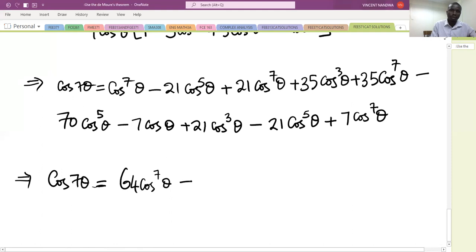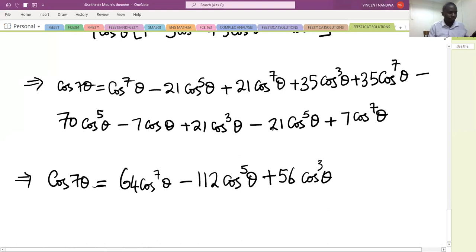That gives us minus 112 cos power 5 theta. For power 3, we have 35, and then we have 21. That will give us positive 56 cos power 3 theta. Those with power 1, we have minus 7, that's the only one. So minus 7 cos of theta.